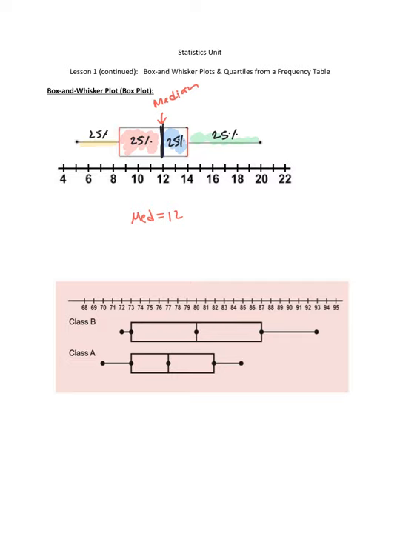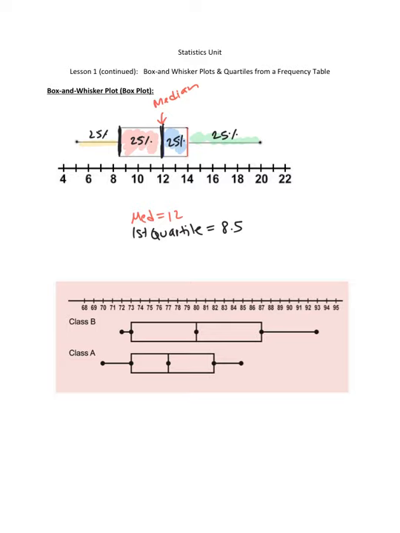Your median is 12. The number that you see at the beginning of the box that I'm highlighting in black right now, which looks like it's 8.5, is called the first quartile. First quartile is 8.5. So 8.5 is the value that divides the lower 25% from the next 25%.